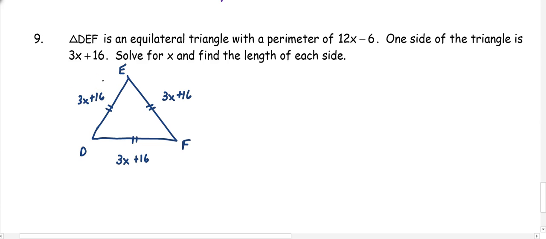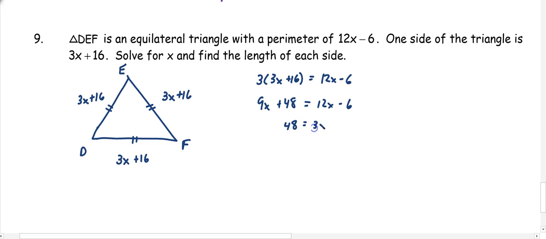So to find my perimeter and then find the length of each side, I need to solve for x first. So I have three sides that are all 3x plus 16. I'm going to set that equal to the perimeter. So I get 9x plus 48 is equal to 12x minus 6. I'm going to subtract 9x from both sides, so 48 equals 3x minus 6.